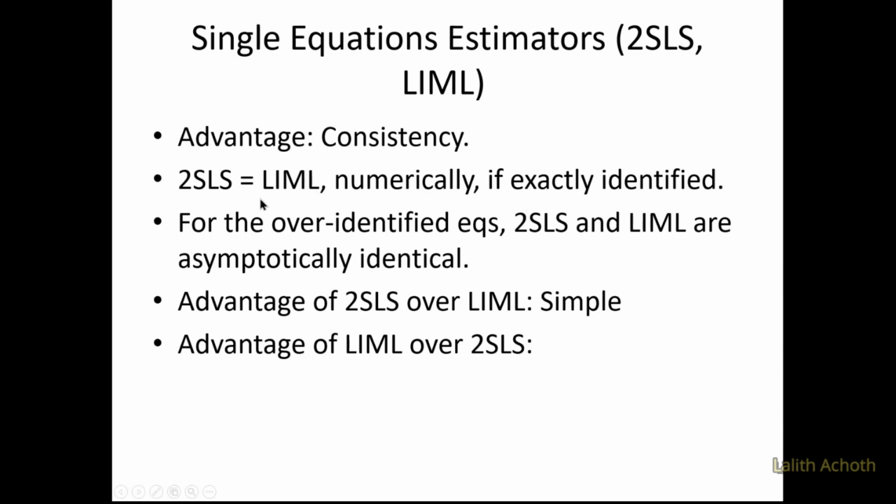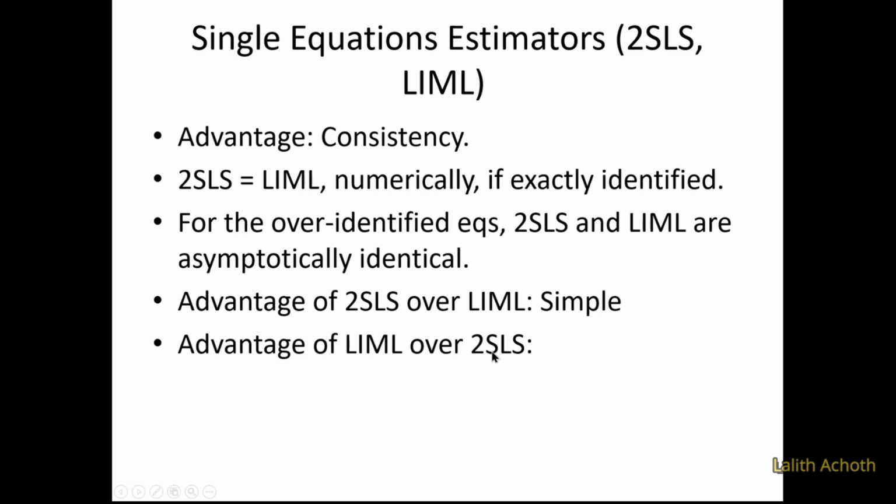So if your equation is exactly identified, instead of using LIML, which is a little difficult, you can use two-stage least squares. For over-identified equations, two-stage least squares and limited information maximum likelihood are asymptotically identical. So remember that. When it is over-identified, you can use either one, whichever you like. The advantage of two-stage least squares over LIML is that it is very simple.